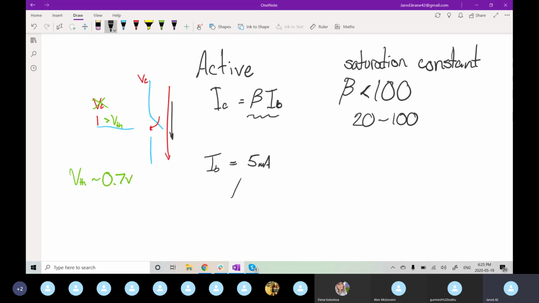But if we have a beta of 100, we're going to be able to boost it so our output current, or our collector current, is going to be much higher. So we're able to now amplify and control what our output current is going to be based off of our input.